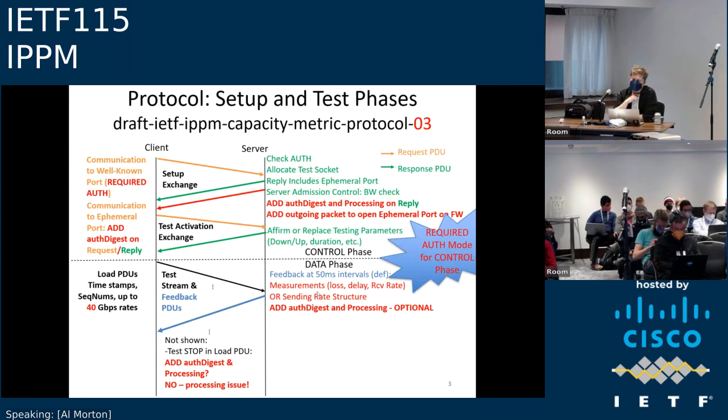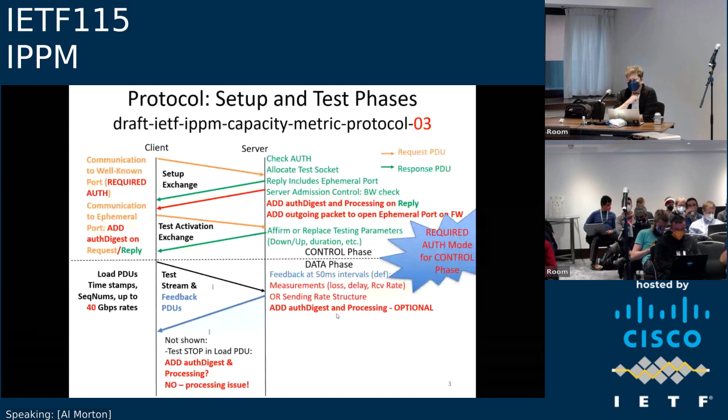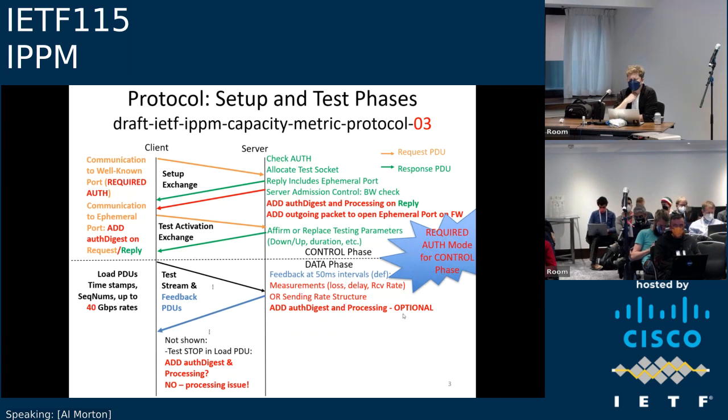So the key information we're trying to authenticate here is the measurements that we conduct at 50 millisecond intervals and share back in the feedback, depending upon the role. And that's an important piece of information too. So we can authenticate this. It's an optional mode. It might affect some of the round trip measurements we make here, and that's why it's optional. No big shakes there.